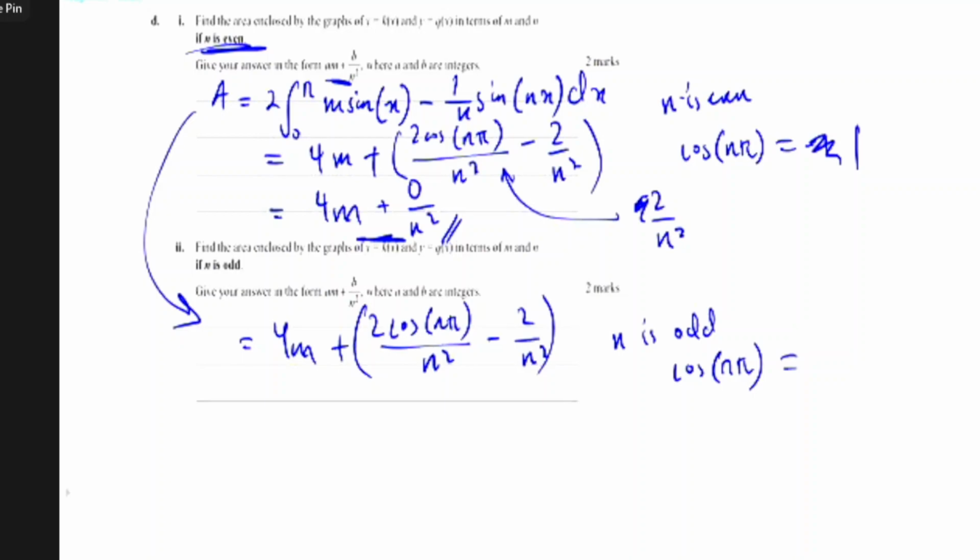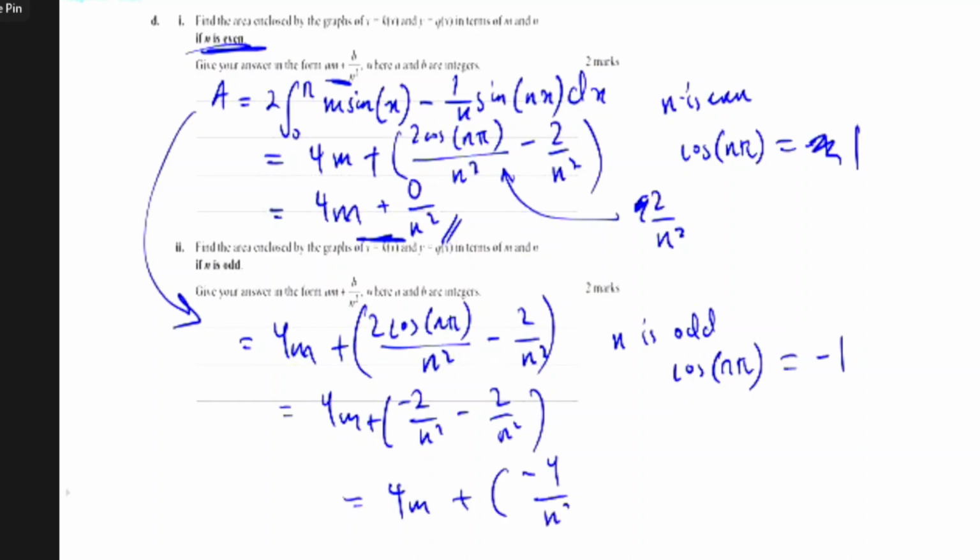Here cos n pi is negative 1 because n is odd, so then you get 4m plus 2 times negative 2 on n squared, minus 2 on n squared. So you get 4m plus negative 4 on n squared. Okay, yeah. Plus 4 on n squared.